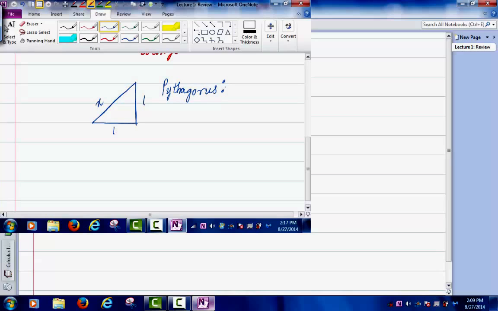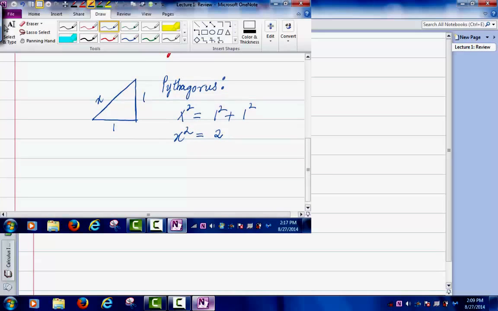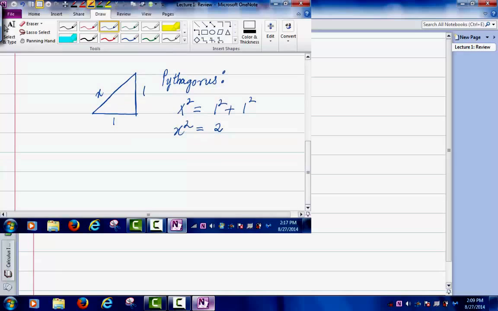So by Pythagoras' theorem, x squared is the square of one side plus the square of the other side, right? And so that means x squared is equal to 2. And the Greek philosophers were very, very confused about it, because for them at that time the only numbers were the rational numbers.